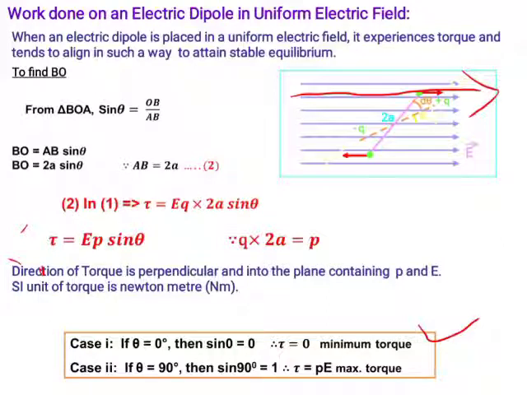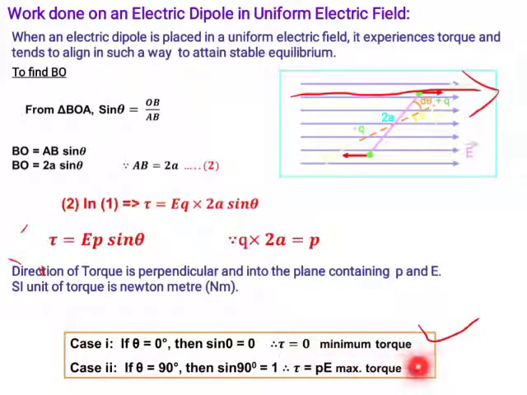Second case, if theta is equal to 90 degrees, then sin 90 is equal to 1. Therefore, if we substitute this value 1 in this formula, then tau is equal to EP, or PE. That is, tau is equal to PE, where we observe maximum torque.